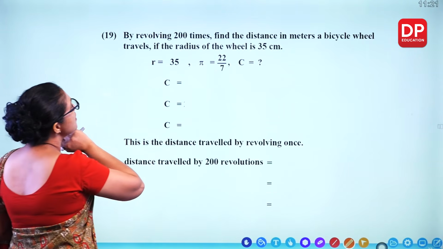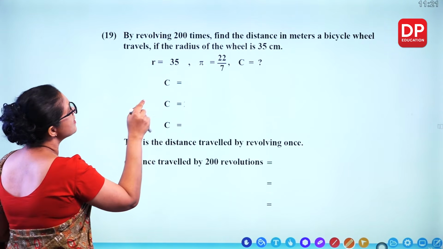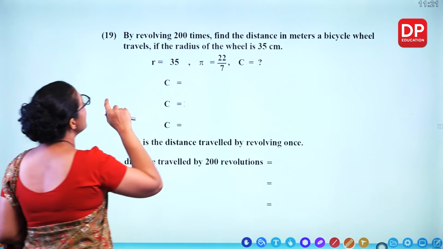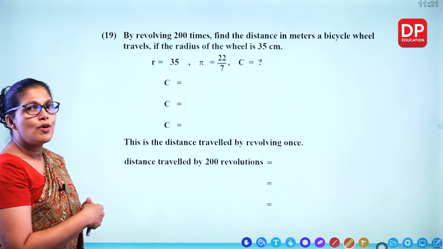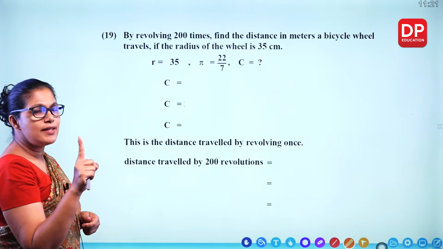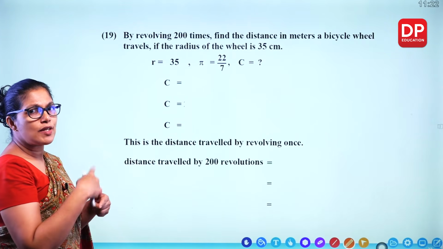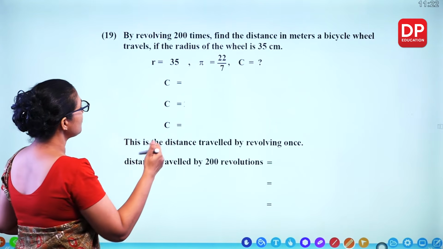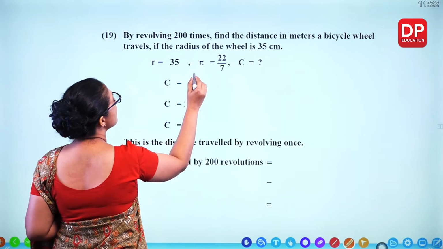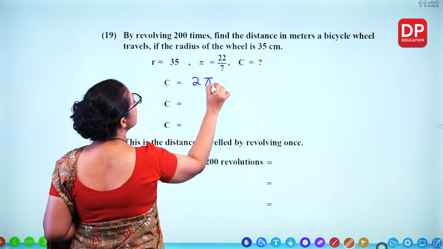So 35 is the radius and this is 200 times revolving. So you need to first find for one revolution what's the circumference and multiply by 200. So what's C? Circumference is 2 pi r.